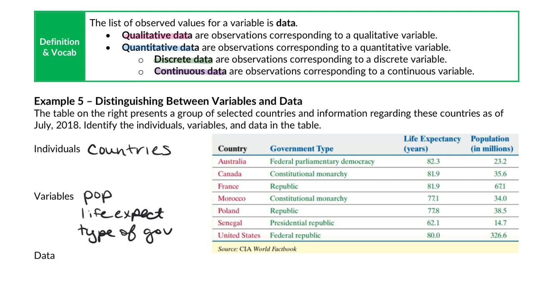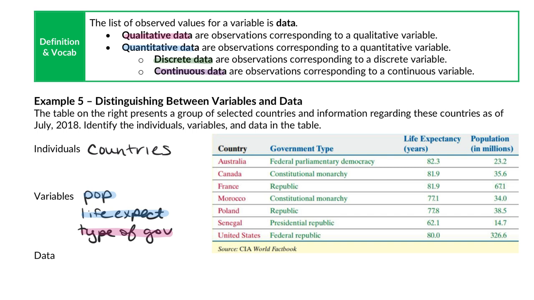Before we move on from this, let's categorize those variables. Which one of those is a qualitative variable? Government type. Which means the other two are what kind of data? Quantitative, because we're getting numbers that mean something when you add and subtract them.